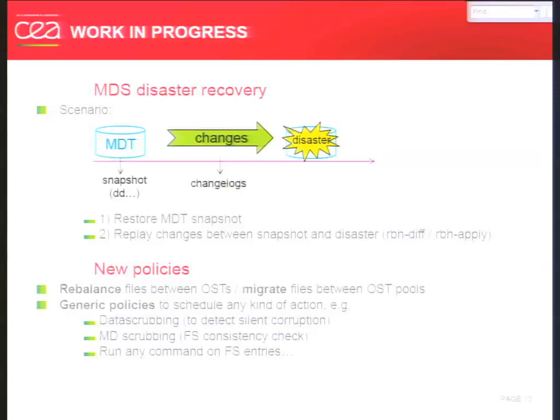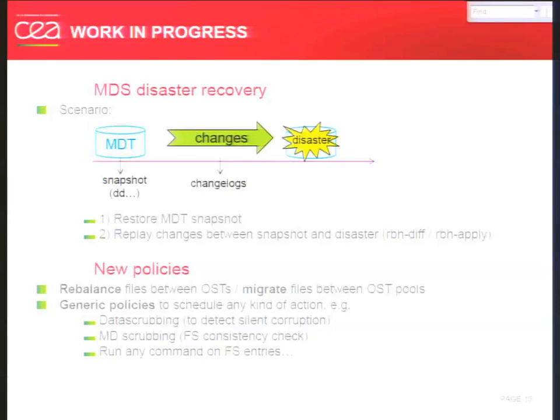So one is disaster recovery. For example, you will be able to snapshot the MDT, which is common in Lustre right now, and Robinhood will still be up to date in its database following changelogs.